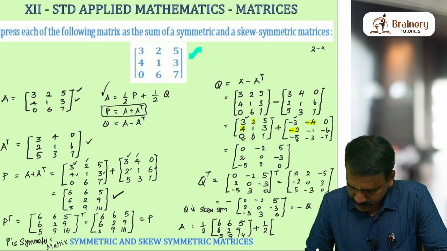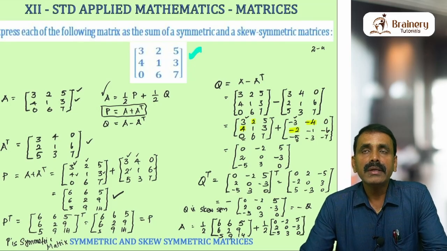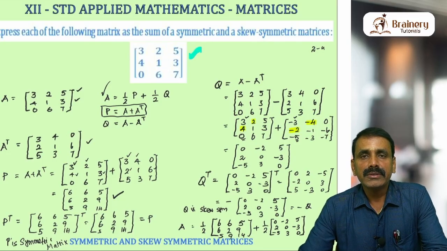Q matrix: 0 minus 2, 5, 2, 0 minus 3, minus 5, 3, 0. Thus, we have written a square matrix as a sum of symmetric and skew symmetric matrices.